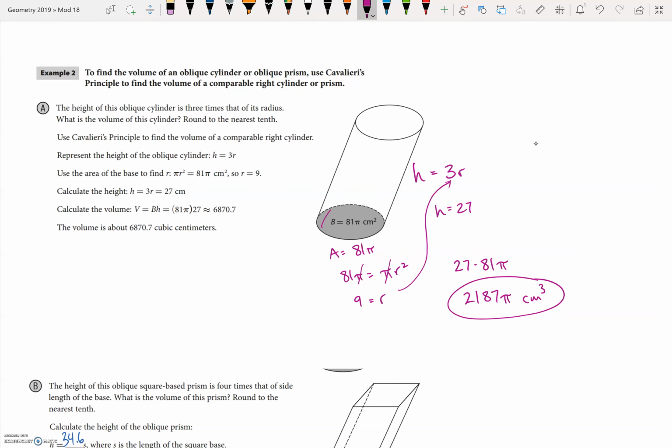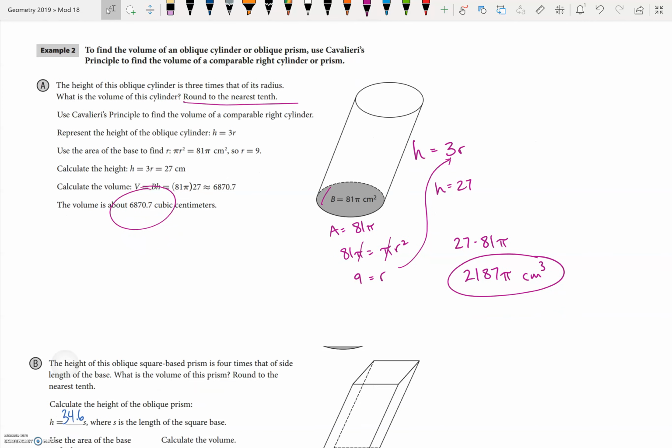Oh, which I guess they approximate. You could take 2187 times pi and you'll get 6,870. So it depends on how you want to write your answer. Oh yeah, because it says round to the nearest tenth, so I suppose I should read the directions.